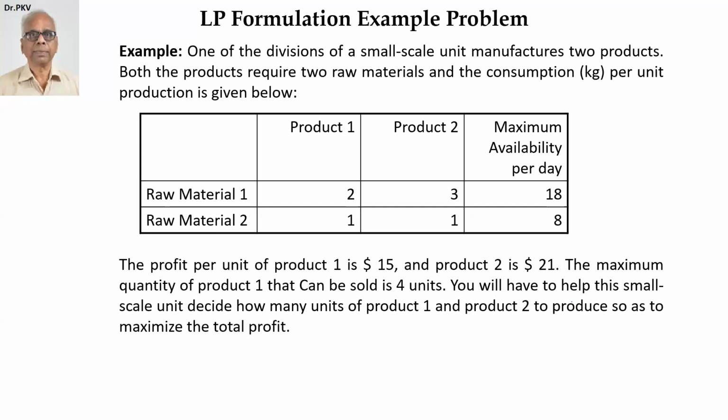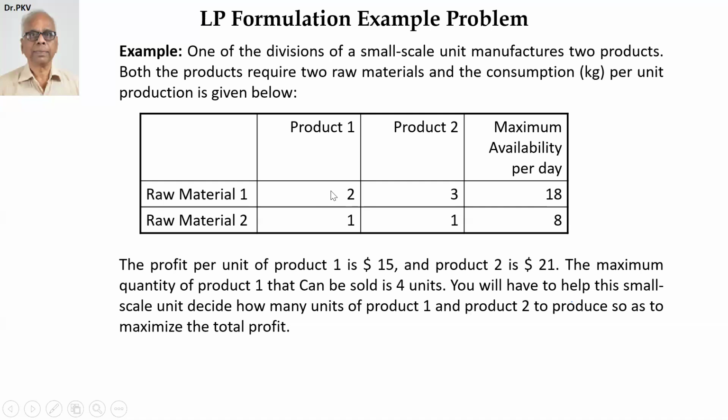Both the products require two raw materials, and the consumption in kilograms per unit production is given below in the table. As you can see, product 1, product 2, raw material 1, raw material 2, maximum availability per day.